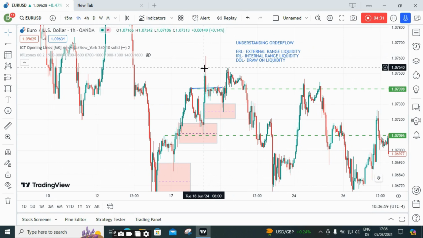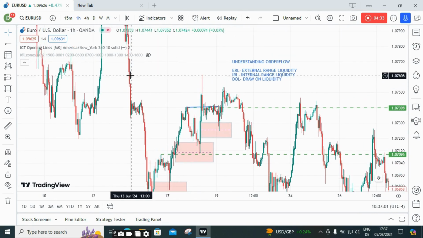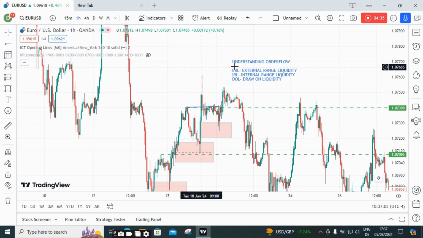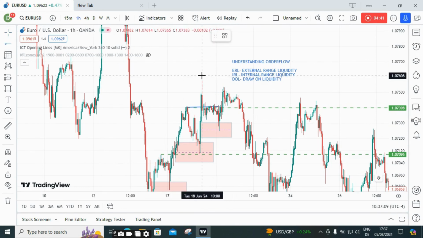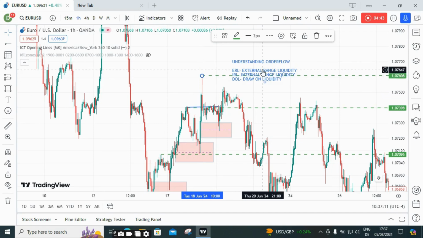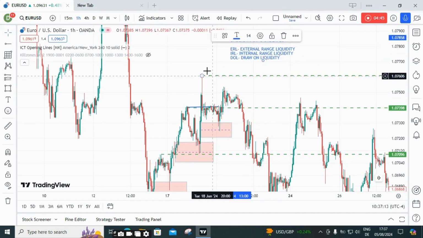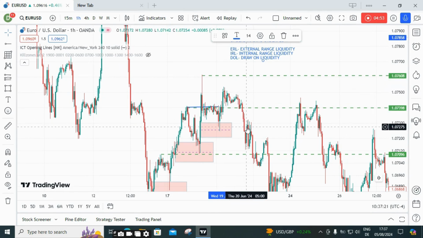We had no specific target apart from this fair value gap on the left. When the market started trading lower, we had our draw on liquidity marked. What did it do? When price retested this fair value gap, it went a bit higher and did not break this high. However, it came and changed the trend by taking out this swing low that it had left behind.